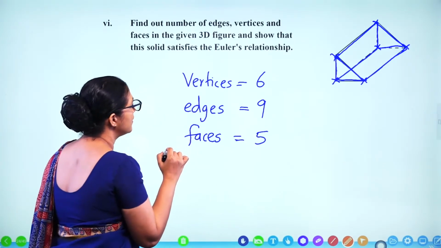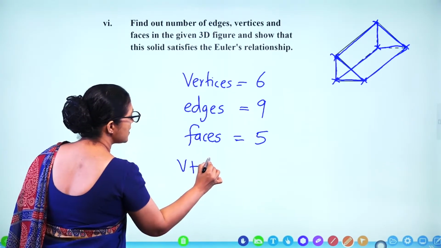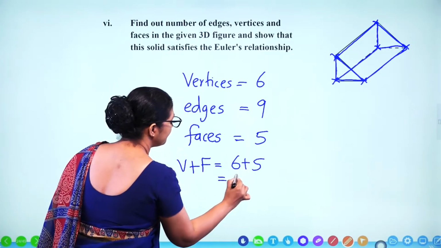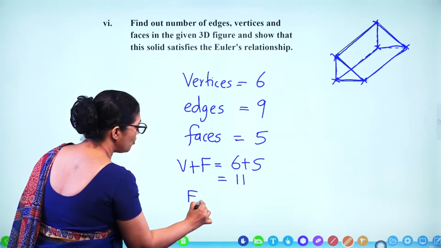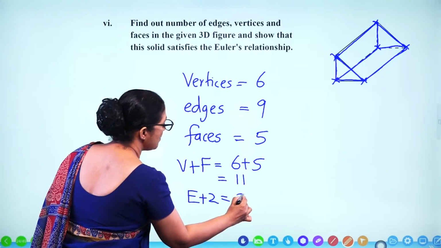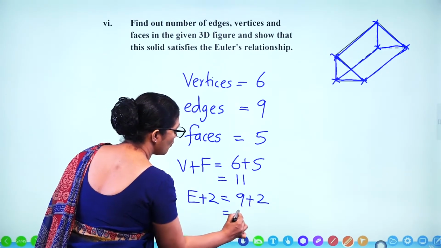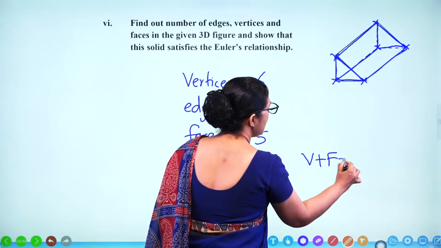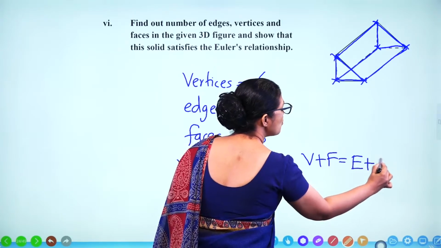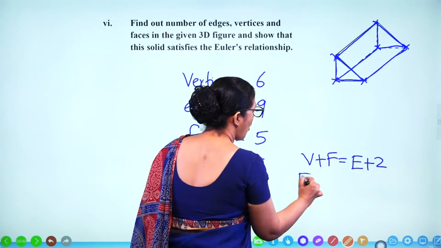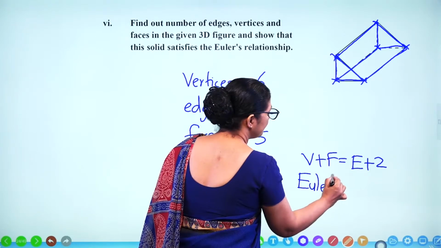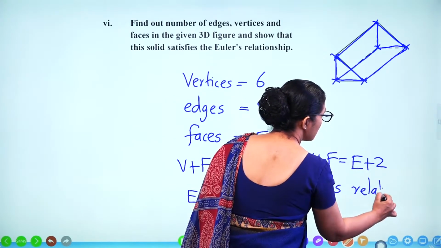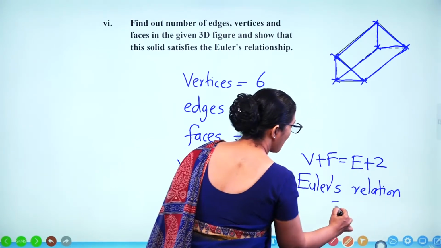Now we'll check vertices plus faces: 6 plus 5, that's 11. Edges plus 2: 9 plus 2, 11. So we can see that V plus F is equal to E plus 2.